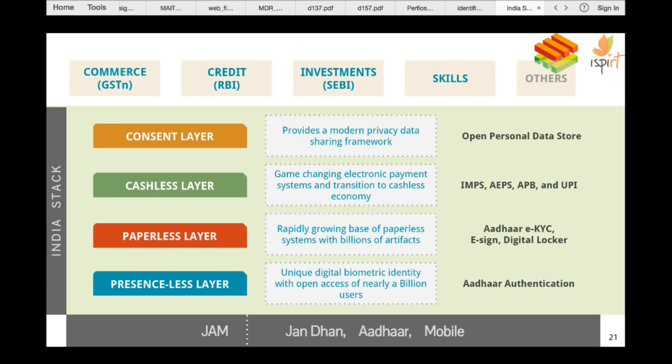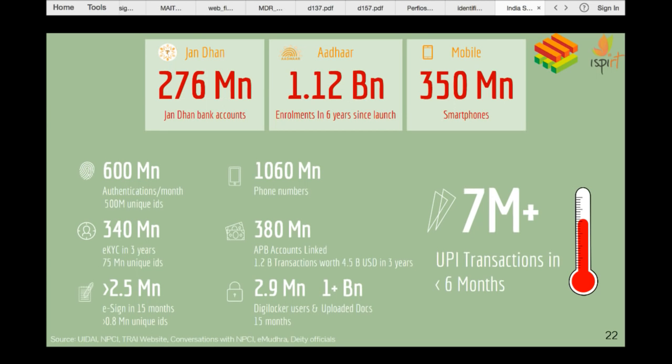So now let me just talk about the numbers. Jan Dhan, I already mentioned, is past 270 million. Aadhaar enrollment has crossed 1.1 billion. We are currently authenticating slightly more than 500 million authentications every month. eKYC numbers are also going up.